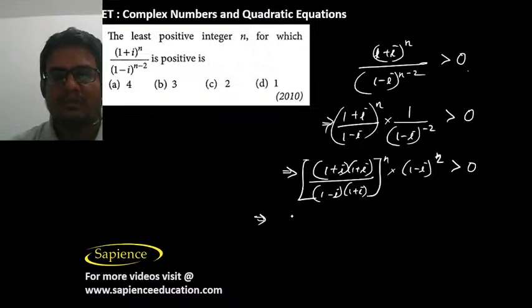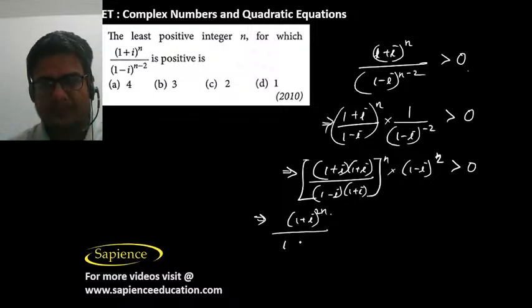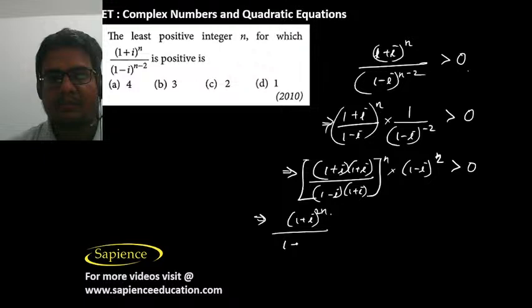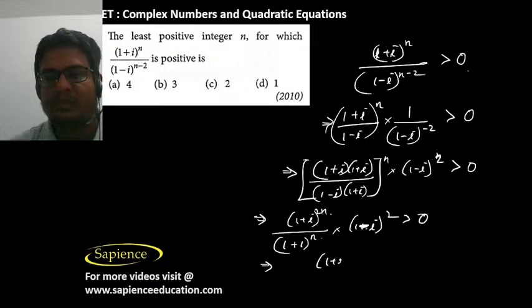So we can write (1 plus i) whole power 2n divided by (1 minus i square) whole power n into (1 minus i) whole power 2, that is greater than 0. So this is (1 plus i) whole power 2n divided by (1 plus 1), which is 2 power n, into (1 minus i) whole power 2, that is greater than 0.